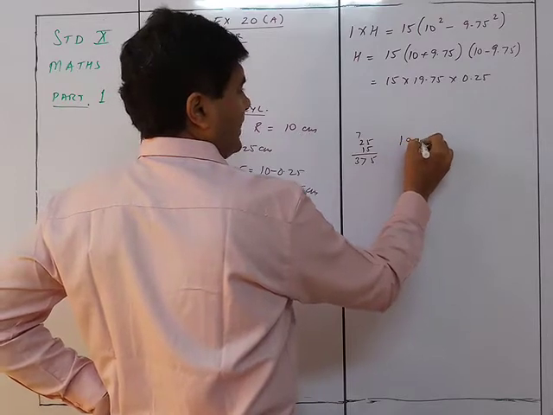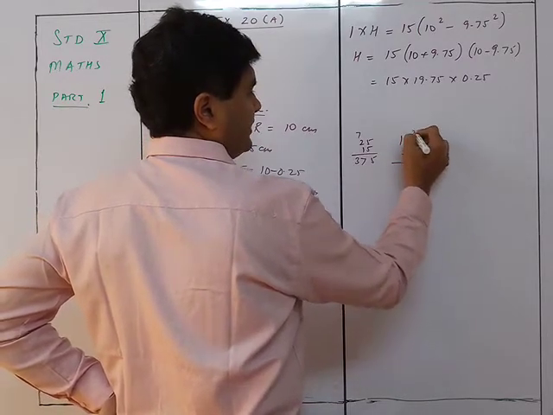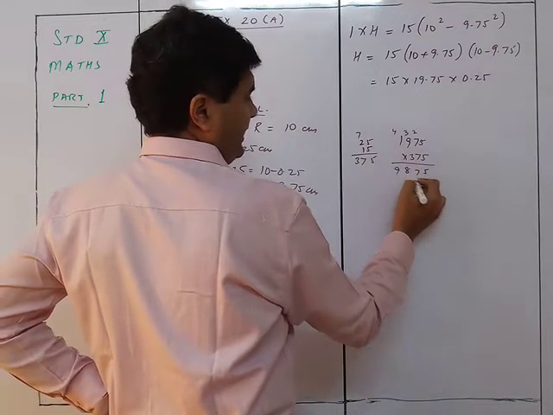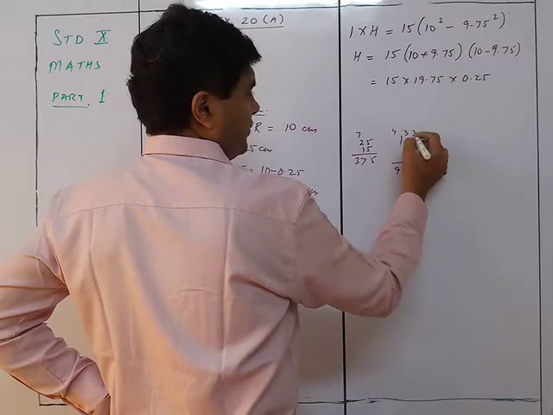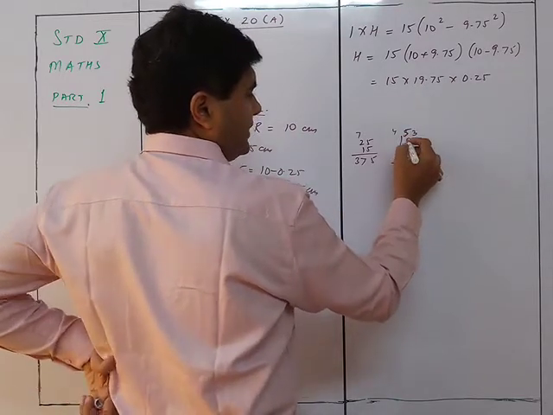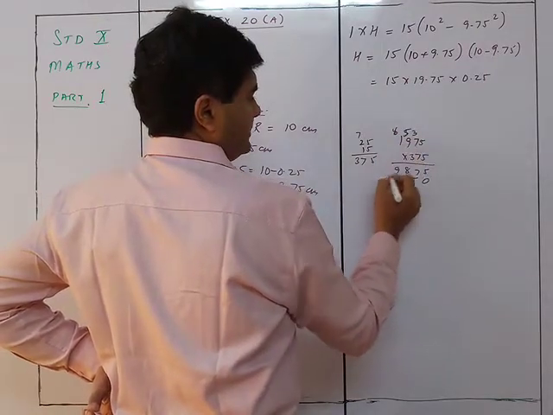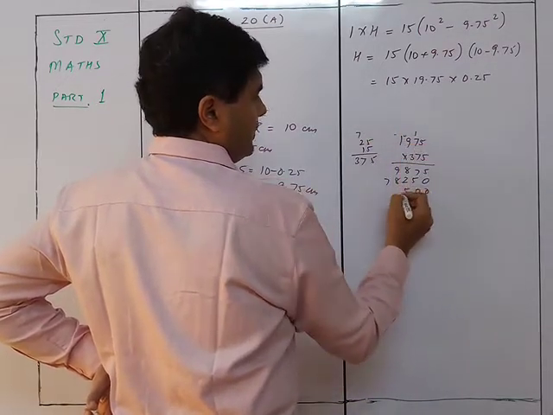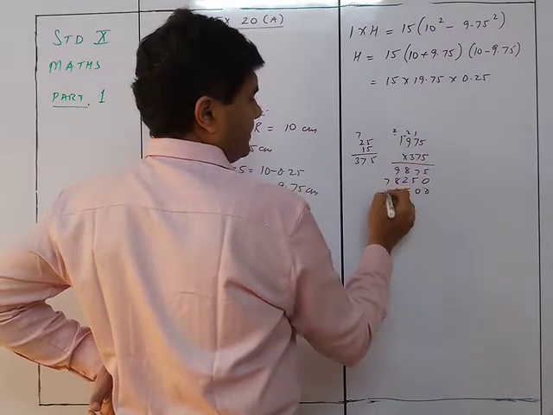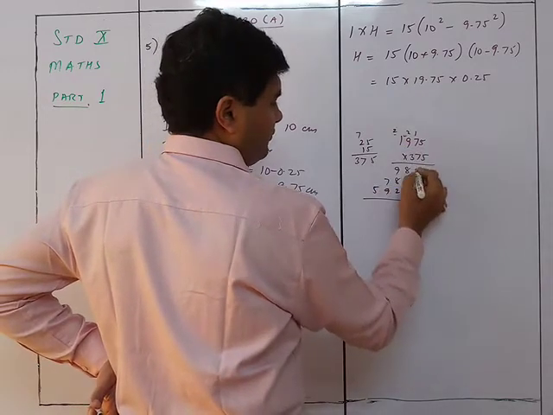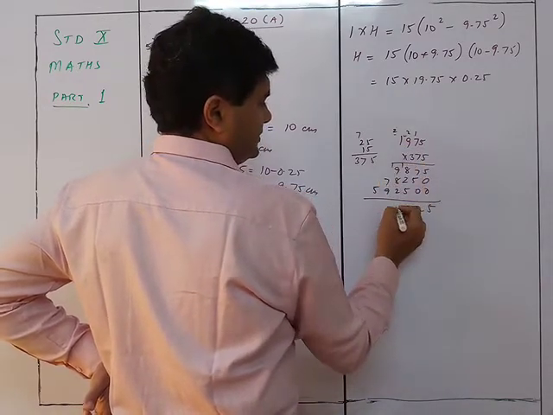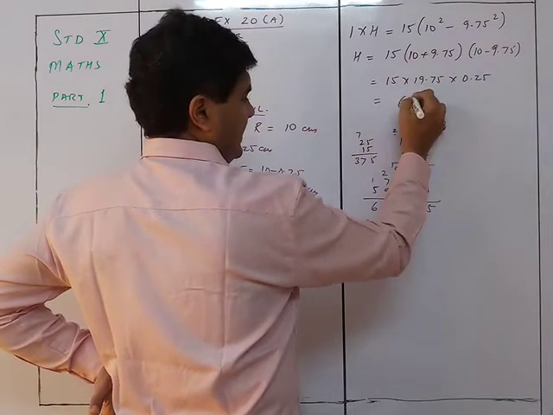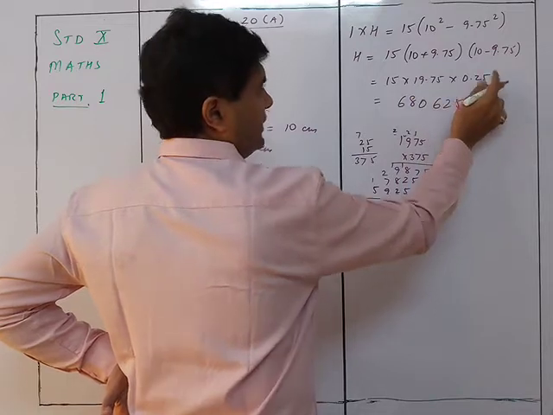So it is 1975 into 375. Then multiplying digit by digit, we get 680625.